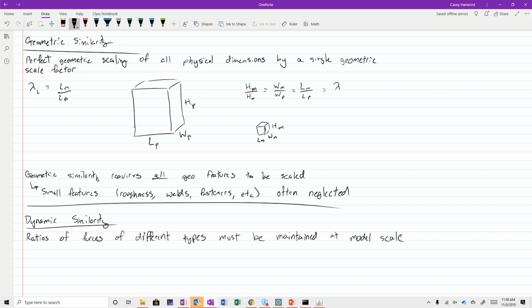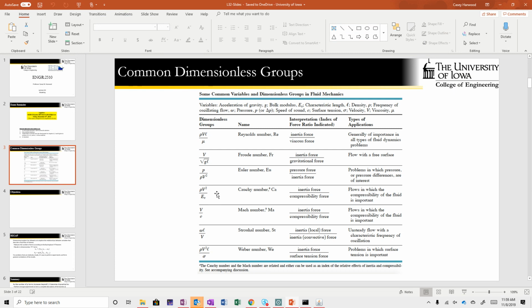And so this is where we come back to that list of classic pi terms that I had up here in the first recap page. Let me pull that up quickly. Right? Because each of these terms, as I said before, can be interpreted as a ratio of forces of different types. And so what this is saying is that if you've got, at full scale, inertial forces over viscous forces with some relative importance, that importance needs to be maintained at your model scale. And the way we do that is by making sure that our Reynolds number is equivalent at the two scales.